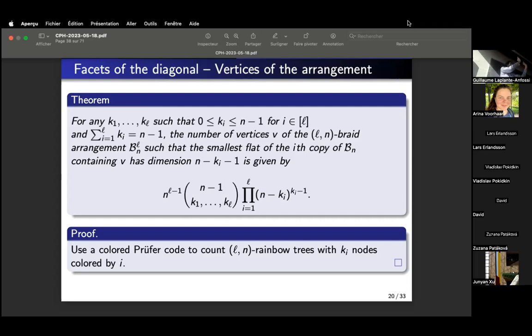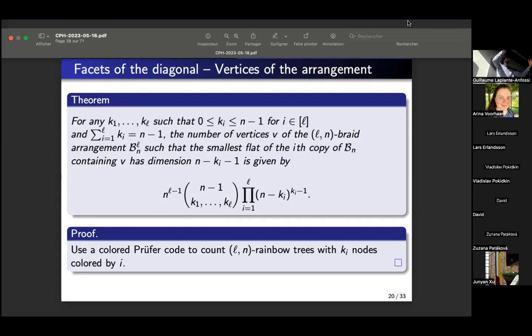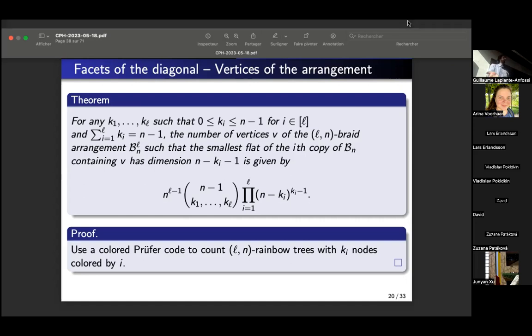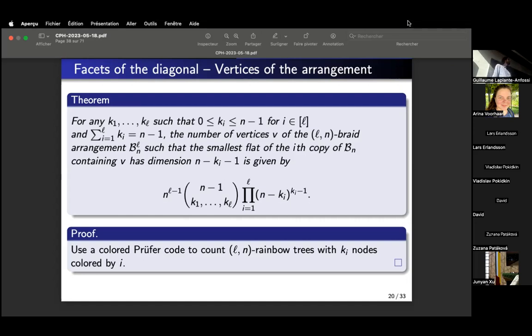You can fix the dimension of each of these components and ask how many faces in the diagonal have exactly these dimensions. And this is given by a very elegant closed formula, which took a very long time to figure out.